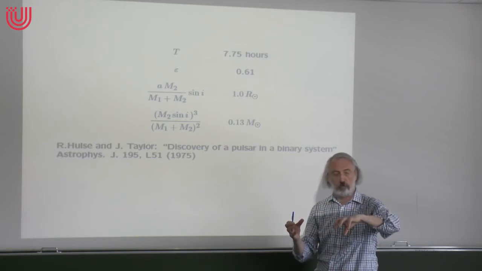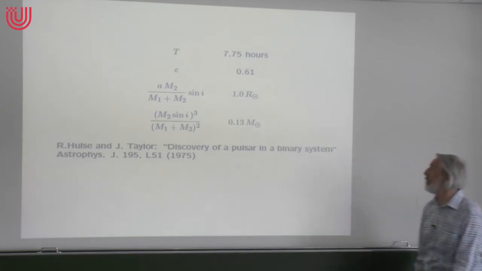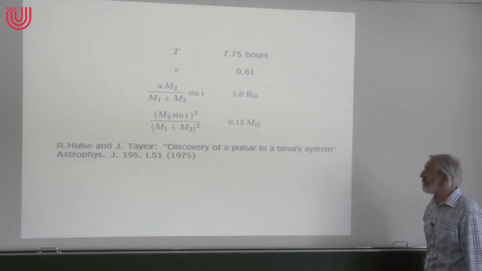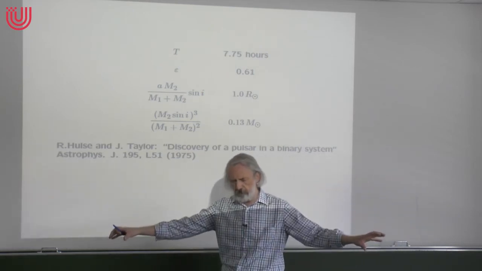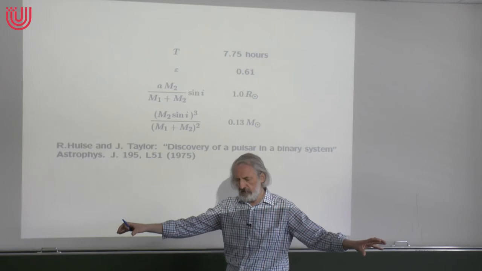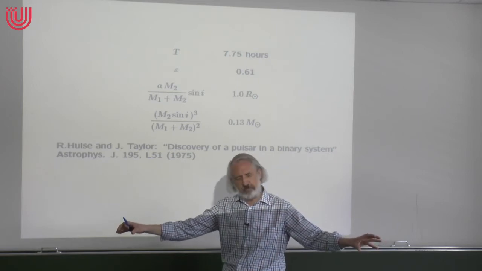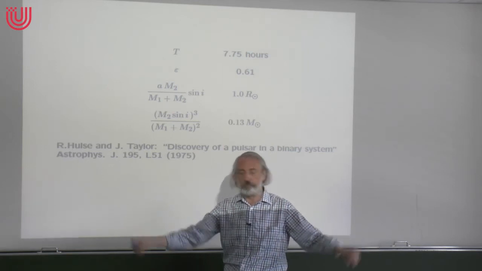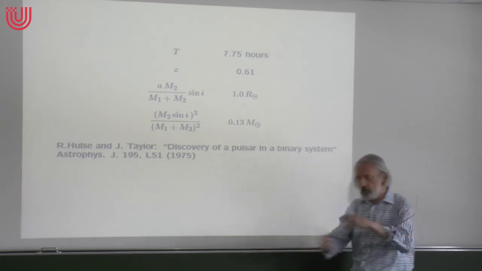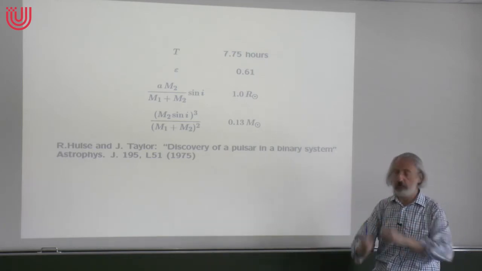That's an enormously short period. You can imagine how fast these things must be. But as I emphasized already, they are still far enough apart from each other that the distance is big in comparison to the Schwarzschild radii. So in this sense, this is not a highly relativistic system. But in comparison to ordinary binary stars, it's extremely close and extremely fast.